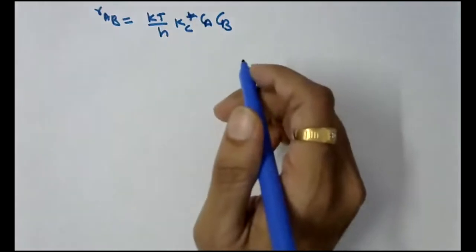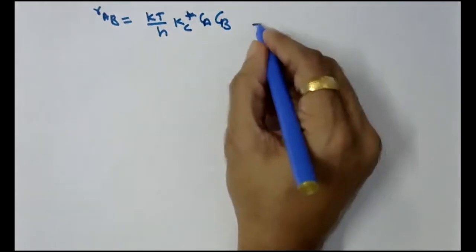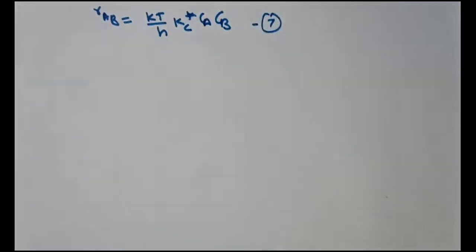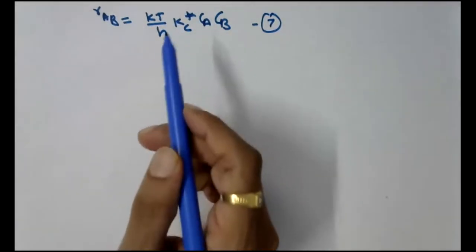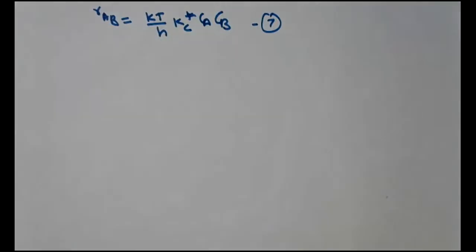Now, this is equation number 7. The next question is, can we simplify it further? Yes, we can. So what we have to do is to replace this Kc star.